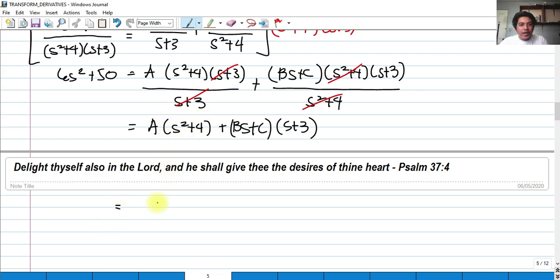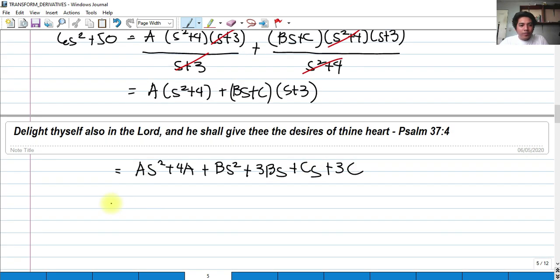So we need to get the values of A, B, and C. We have As squared plus 4A, distributing that. This is FOIL, so we have Bs squared. First, outer, we have plus 3Bs. Inner, we have plus Cs. Last, we have 3C. Group the terms.